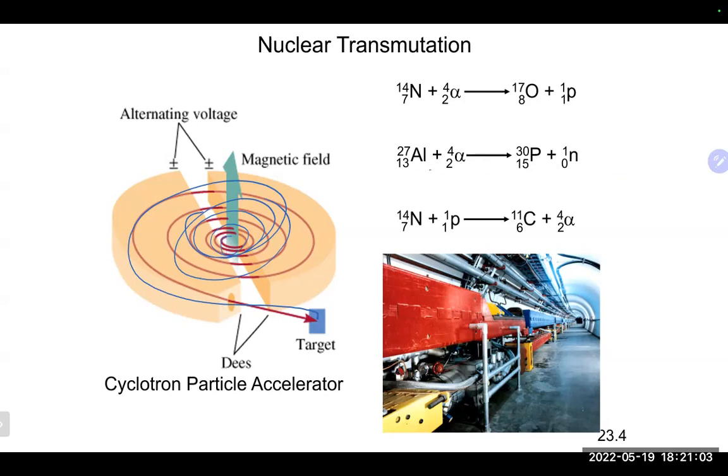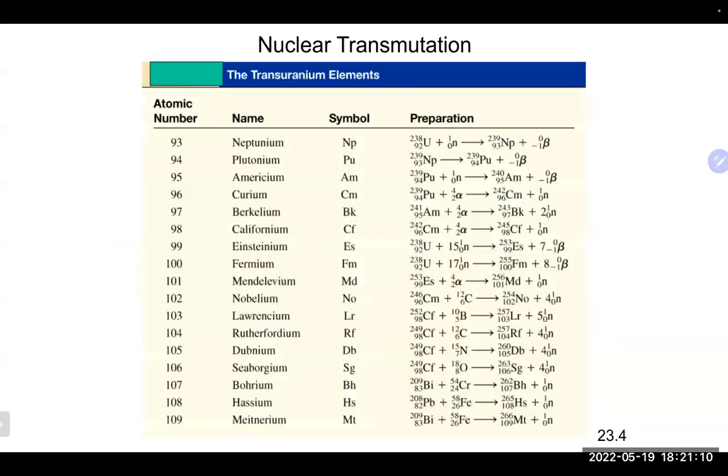So usually when you do this, you'll create obviously a new element. It will oftentimes release a particle in that process. On the periodic table, everything past 93 is made by a transmutation where this process occurs. They all basically got made by hitting one of those guys with a particle.